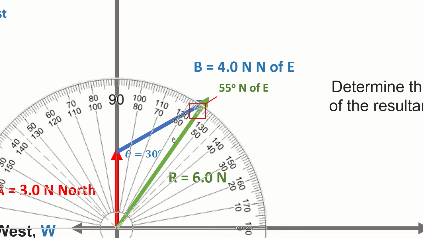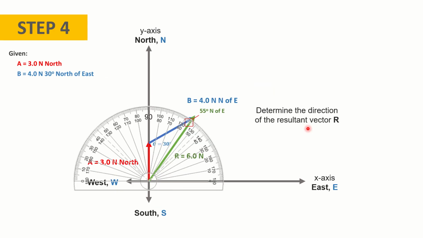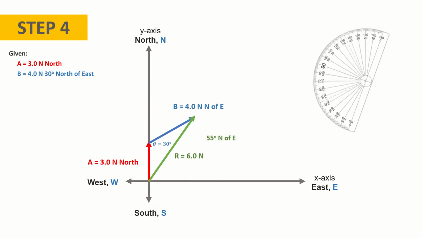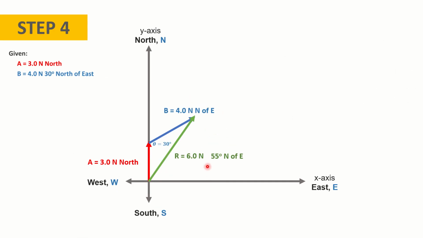Let's zoom this in. As you can see, the resultant vector aligns with the 55 degree angle. Therefore, our resultant vector is 6 newtons, 55 degrees north of east.